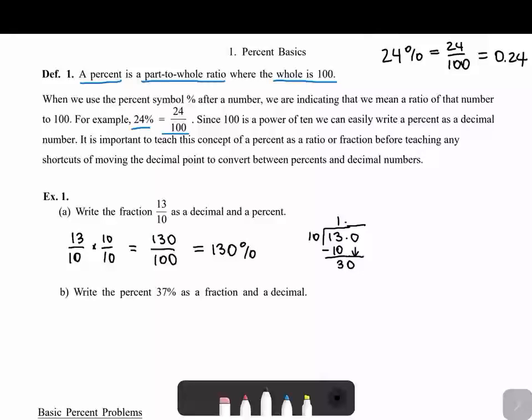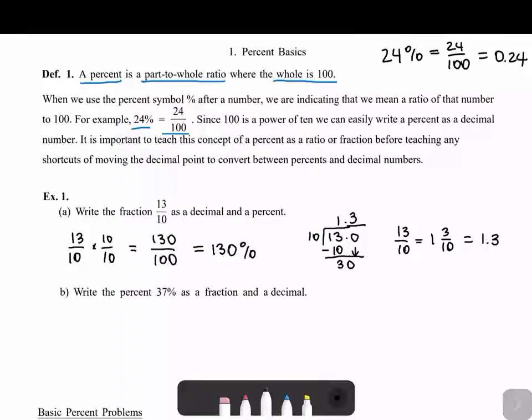So as a decimal, this is 1.3. Or equivalently, we can write 13 over 10 as 1 and 3/10 using a mixed number. And we know that 3/10 is 0.3, so this is just 1.3. You can do it in either of these ways.